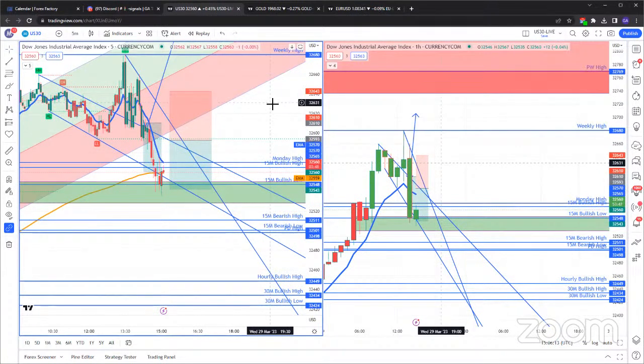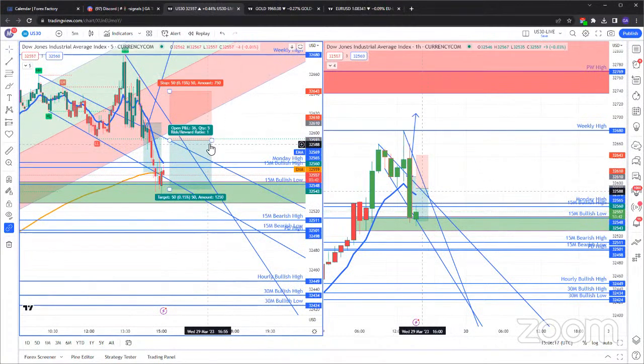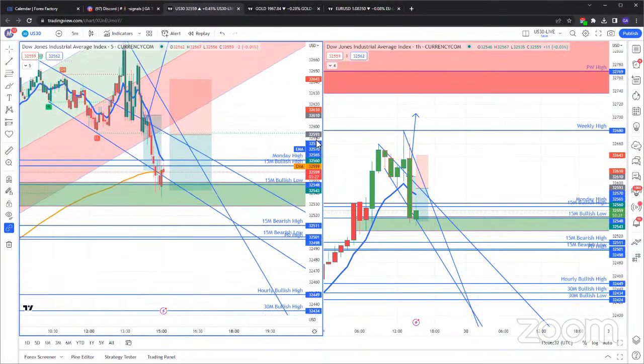But for me, I know that if the 50 pip stop loss gets hit, it gets hit. I am not extending that stop loss because I know these trades are copied on my live account. I'm not willing to risk my live money just hoping the trade is going to turn around.